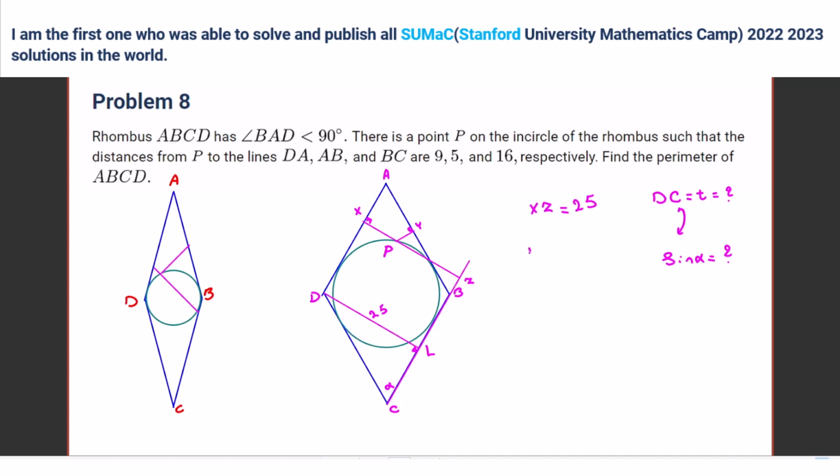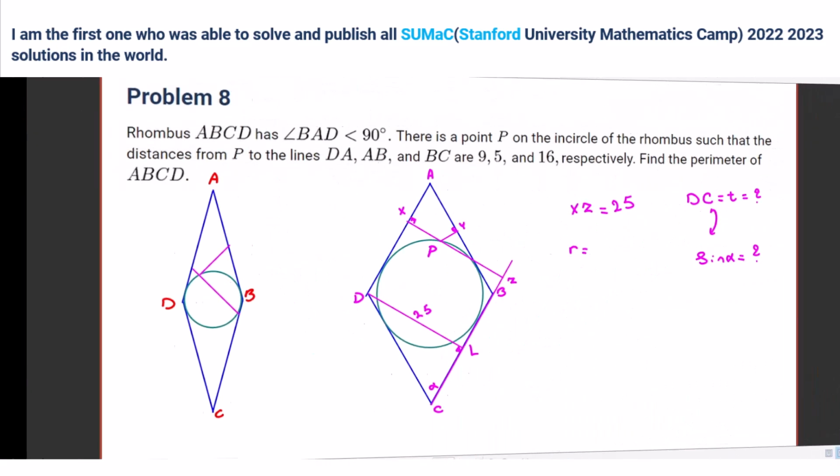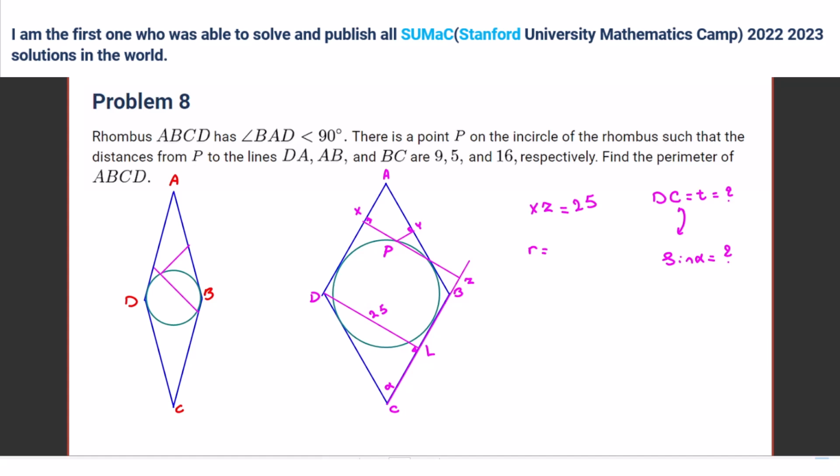Yeah. The inradius is what in this rhombus? Oh, wouldn't it be half the height? So 25 over 2. Exactly, because if you consider this O, the center, and connect this, it is 25 over 2, right?